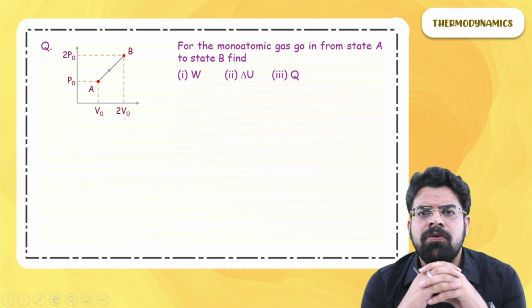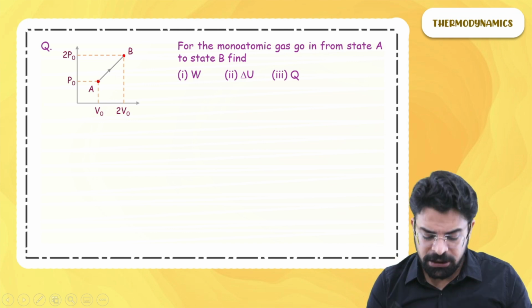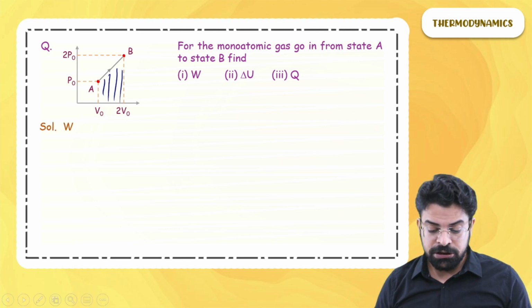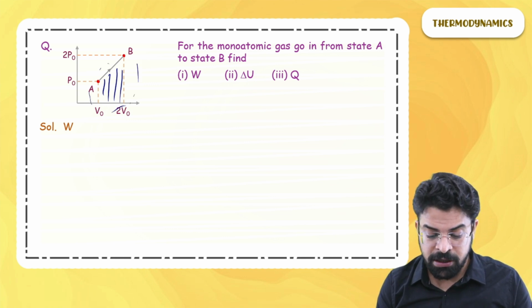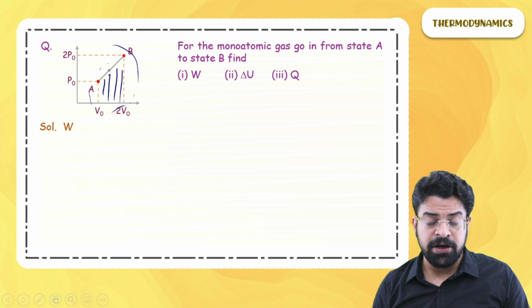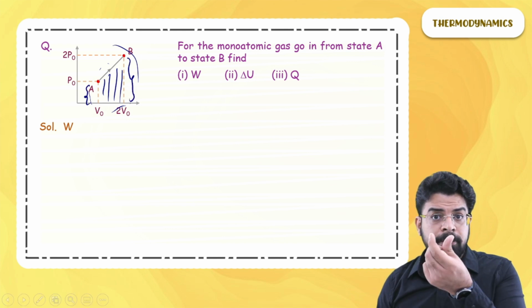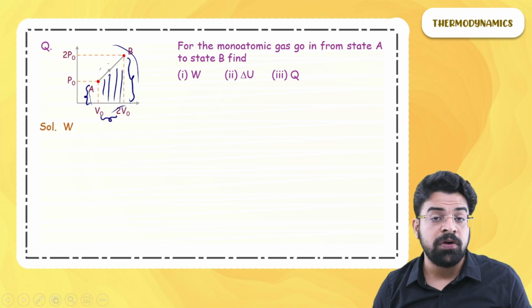Looking at this graph, how can you find the work done? Sir, the area under the PV graph gives the work done. Yes. So all you need to do is to find this area, to find the work done by the gas. So you'll say work done by the gas is nothing but the area of this trapezium. And the area of a trapezium can be written as half into sum of parallel sides, that is P0 plus 2P0, multiplied by the separation between these 2 parallel sides, that will be 2V0 minus V0, which is V0.